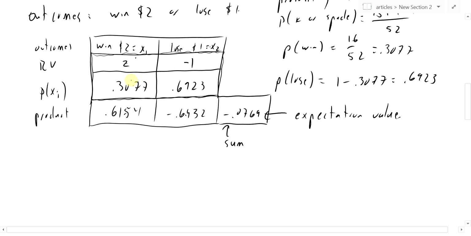You take your random variable, you multiply by its corresponding probability, you get some number, you do that for the other outcome, you get another number, here's a negative one, add them together, that gives the expectation value. What does that mean? What does expectation value mean?